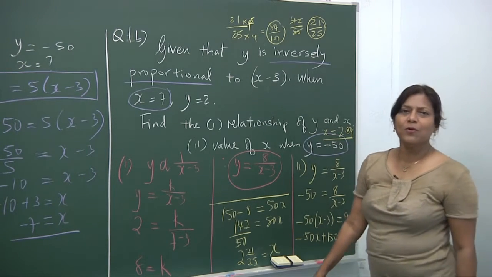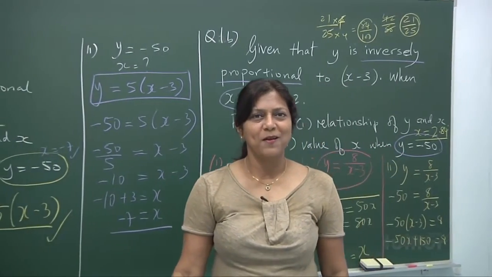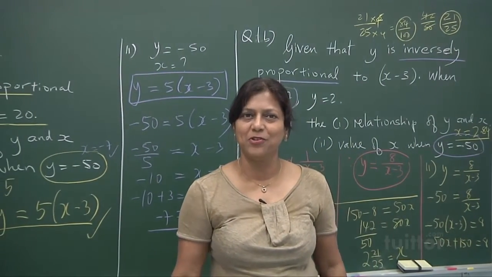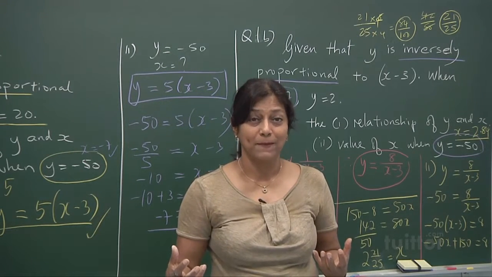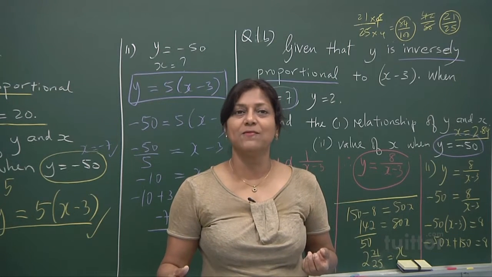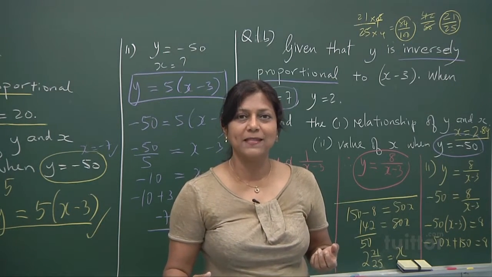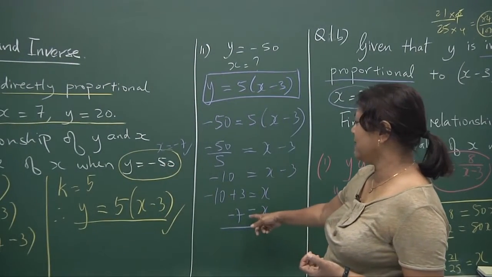Alright, so you can see how easy variation is, and as we move along with Kumar, you will find your revision intensifying your learning. You will begin to see more and more. So have no fear in direct and inverse variation. You can see like here when y is minus 50, what is x? X is minus 7.